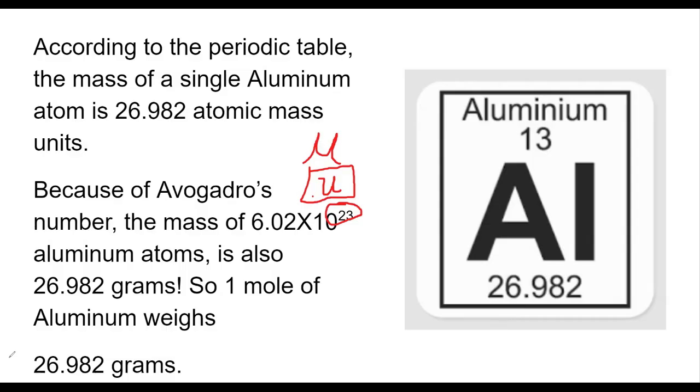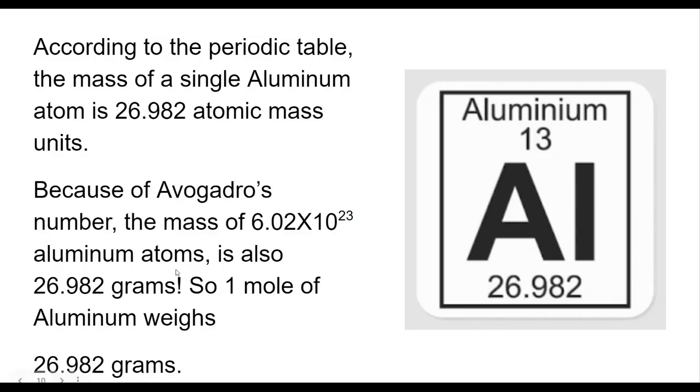A billion is 9 decimal places, so we're on 23 decimal places. That's over 2 times a billion atoms in a mole.